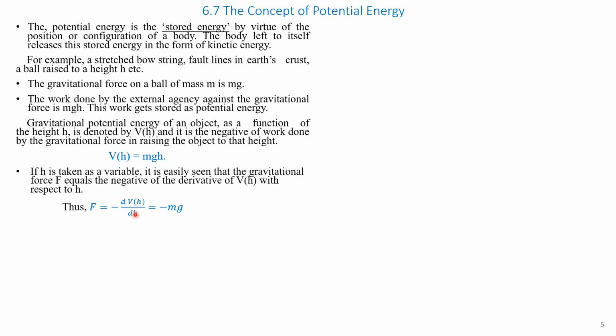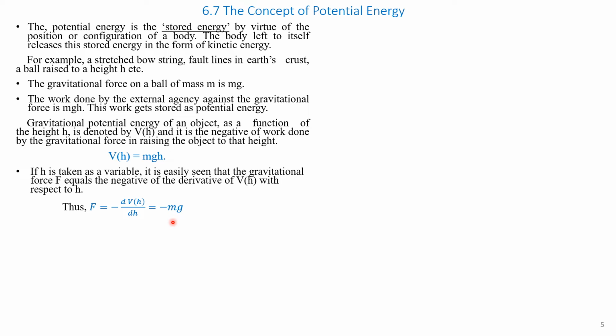So dV by dh is the derivative. Here for reference we take V of h, and if we take the differential of V of h, it is minus mg. This negative sign indicates that the gravitational force is downward.